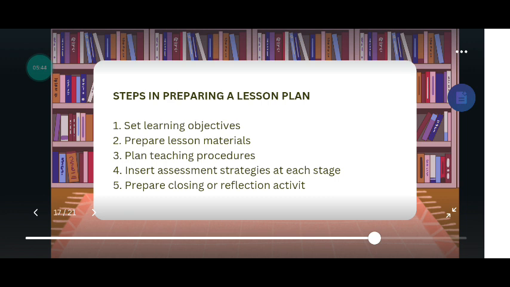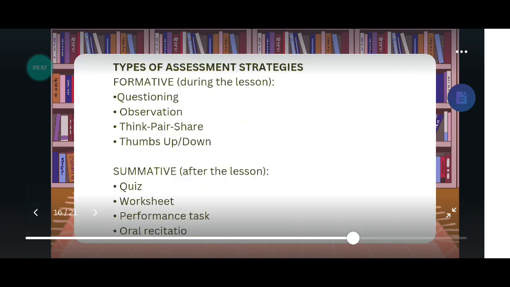Fourth is to insert assessment strategies at each stage. You must insert these types of assessment. It is not necessary to include all, but some of them must be included so that you can create a more effective lesson plan.